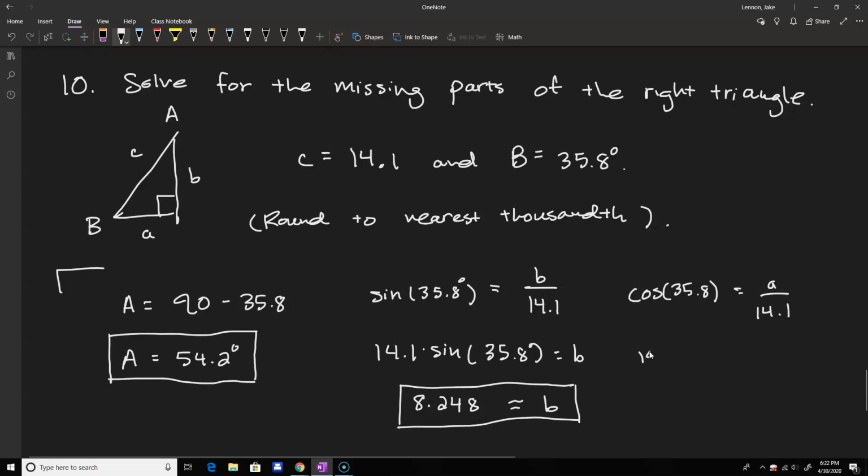Then cross multiply again, and we get 14.1 times the cosine of 35.8. That's going to be the value of a. Again, you can use other trig functions if you want. It's purely preferential, but you should get the same answers. So if we do 14.1 times the cosine of 35.8, we end up with 11.436 when we round to 3 places.